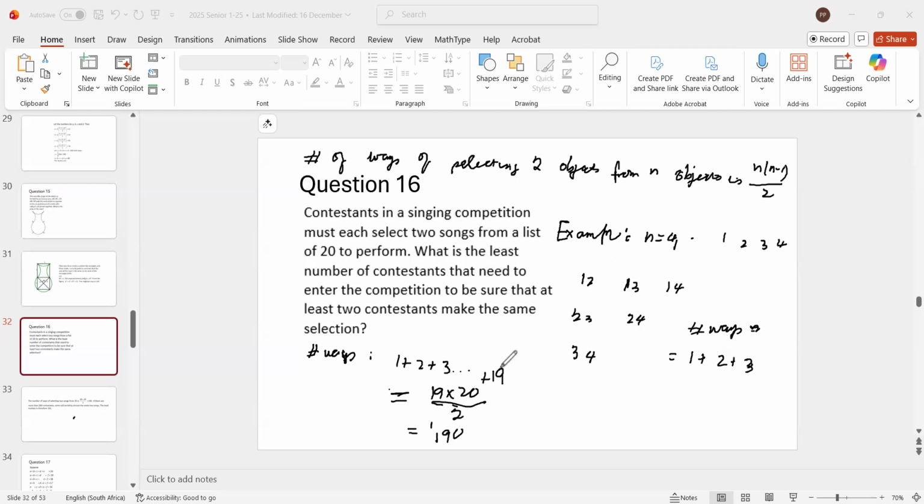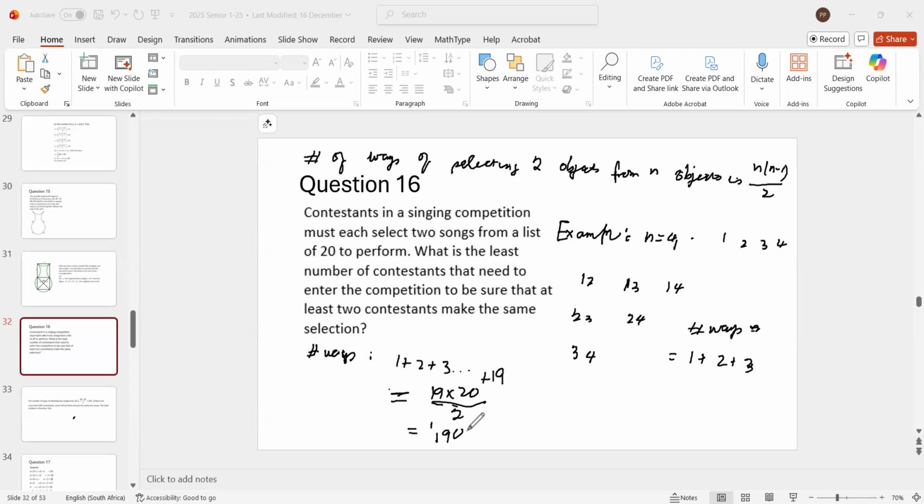Okay, so there are 190 different ways of selecting two songs. So if you've got 190 contestants, it's quite possible that you give each of them one pair of songs. And altogether, once you come to 190, then you've exhausted all the possible pairs.